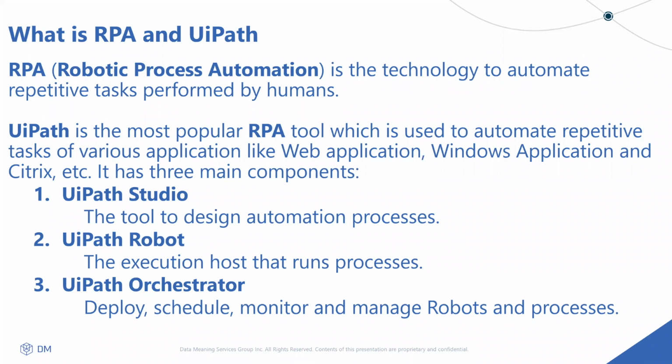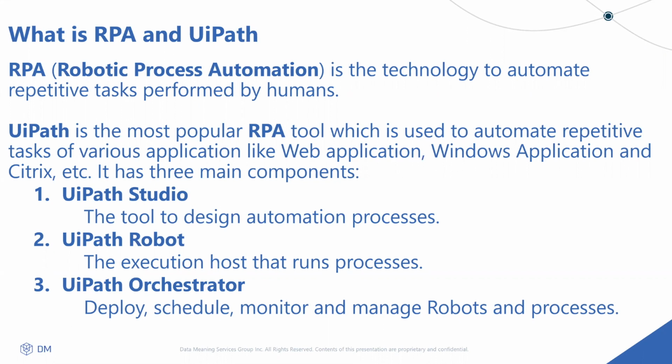In Alteryx, we have Alteryx Designer to develop the workflows. In UiPath, we have UiPath Studio, which allows you to design the process. In Alteryx, we have the Alteryx engine to execute those workflows, and in UiPath, we have the UiPath robot to execute and host those processes.